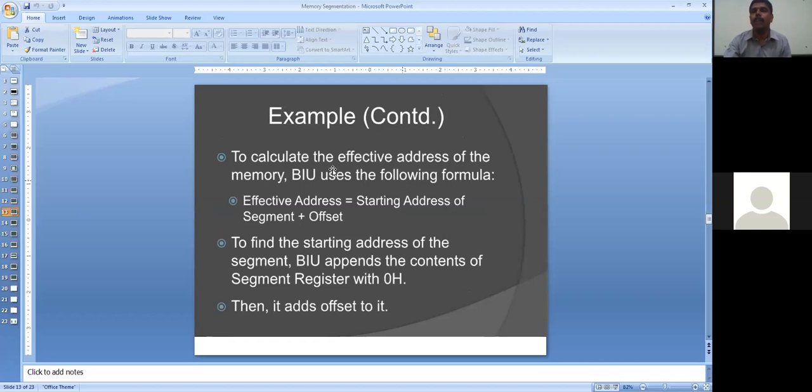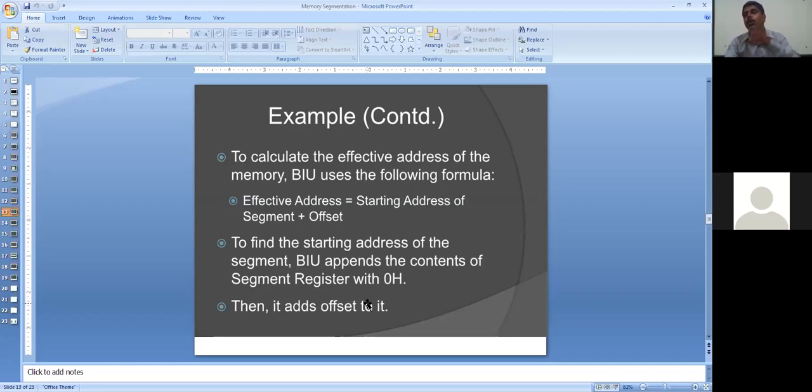We will take one example on how to calculate the effective address of the memory and how the bus interface unit uses it. The effective address is nothing but the starting address of the segment plus the offset. The starting address of the segment is a processed version of the contents of the segment registers. To find it, the bus interface unit first appends the contents of the segment register with a 0 at the LSB, then adds the offset value to it.